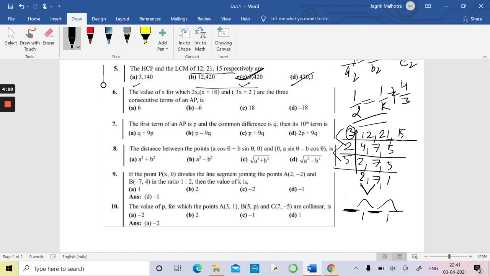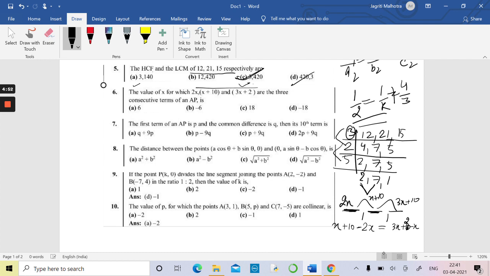So let us suppose it's 2x, x plus 10 and 3x plus 2. They are all in AP, that means the common difference must be equal. Then x plus 10 minus 2x must be equal to 3x plus 2 minus x plus 10.